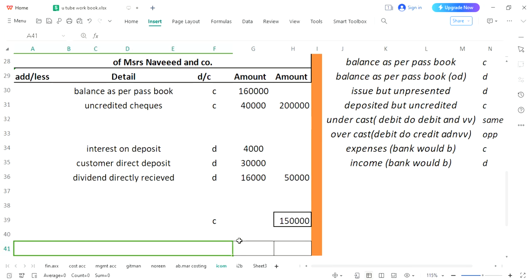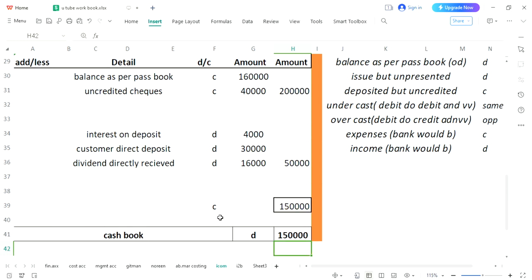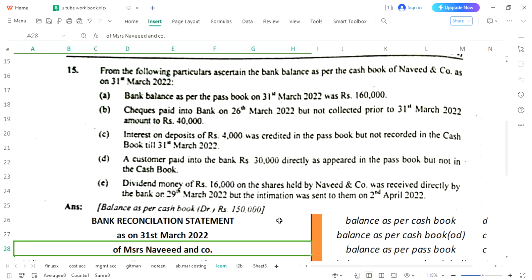Now how will you put this answer? You started this question with passbook, so just write cash book, and your sign was credit in the solution. For the answer you will act as the opposite, you will write debit, and the same amount you will write over here. In this way, cash book debit 150,000, and here cash book debit 150,000.